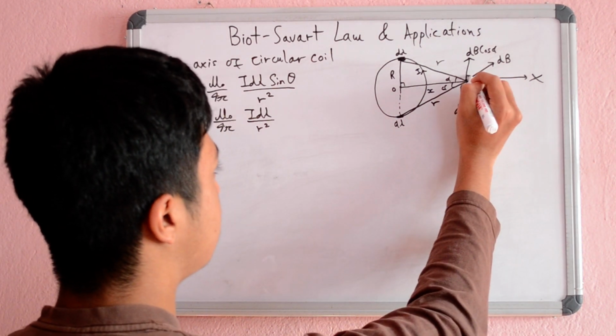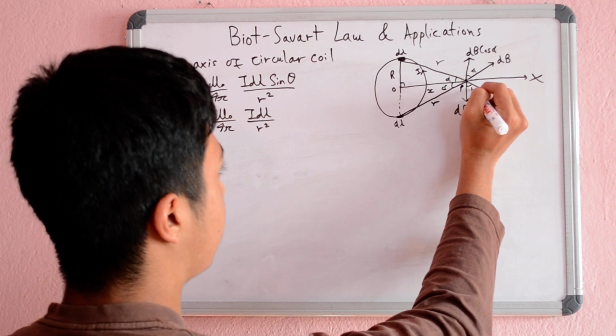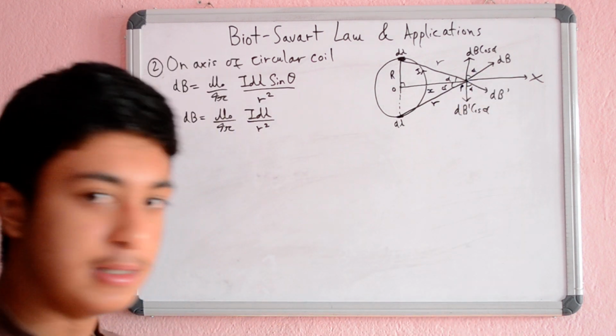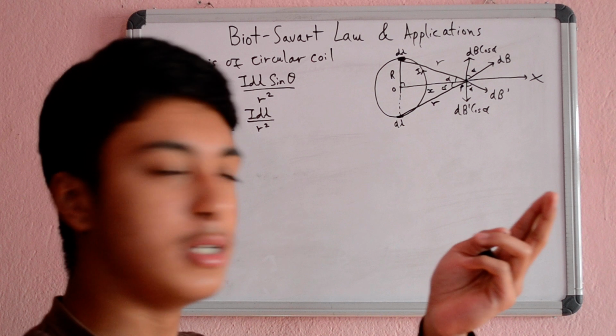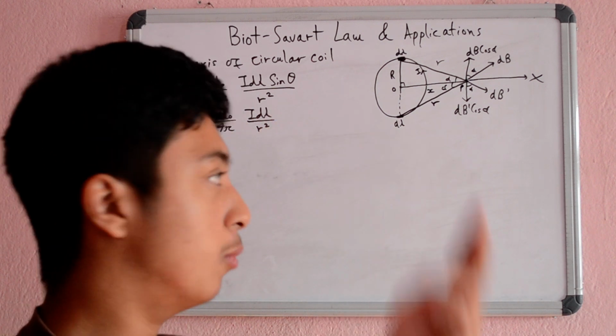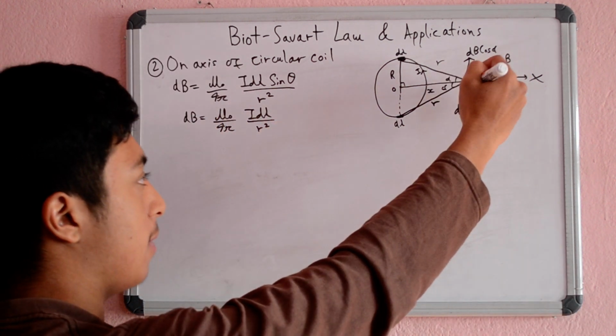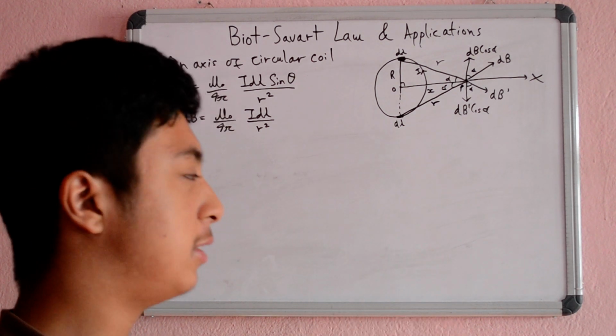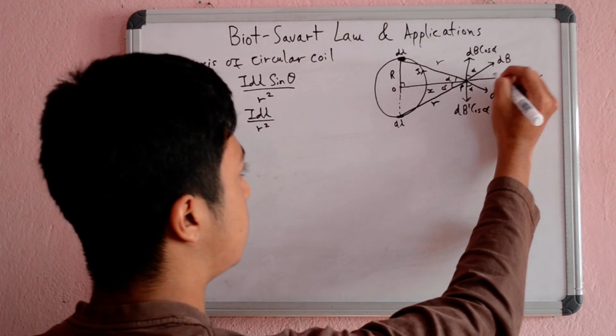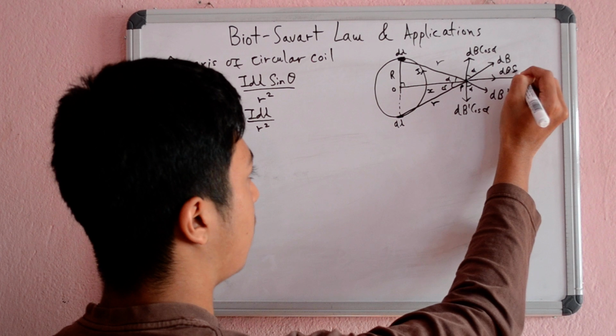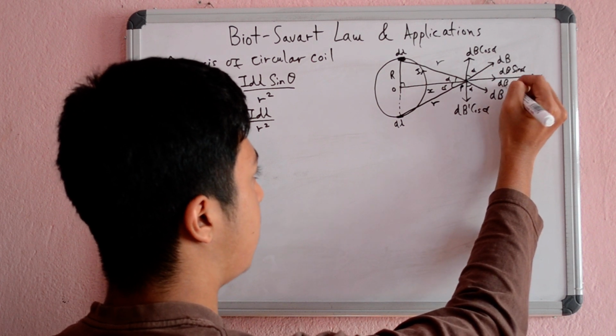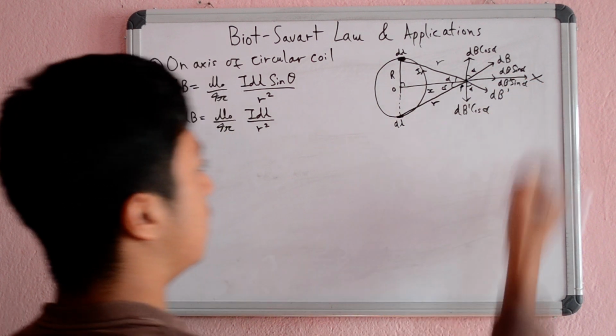Here of course this is also alpha because the angle between two lines is equal to the angle between their normals, and you can also prove it geometrically. And these two will be dB sine alpha and dB dash sine alpha.